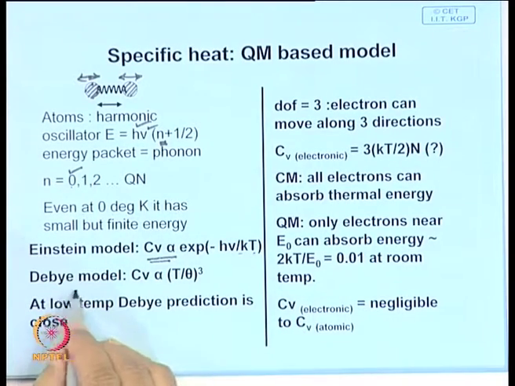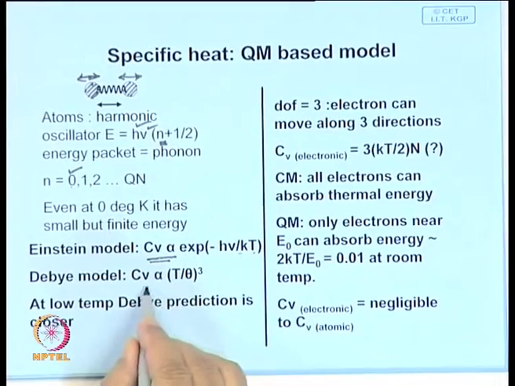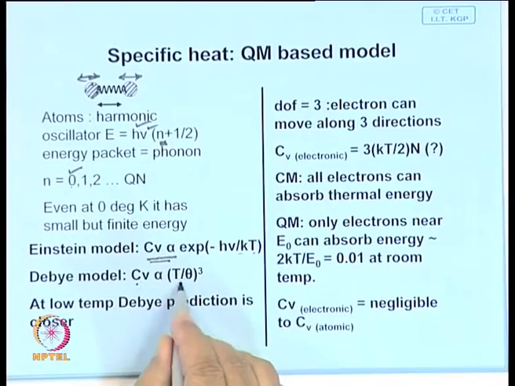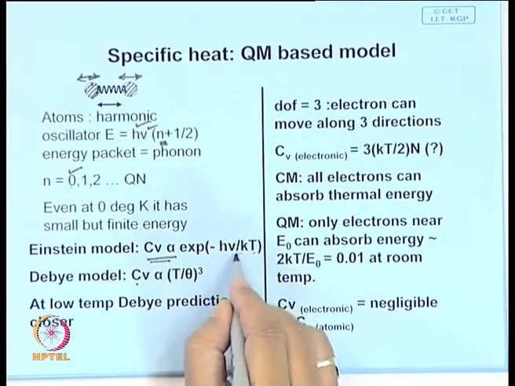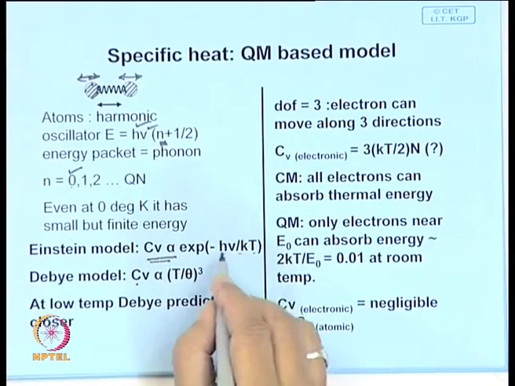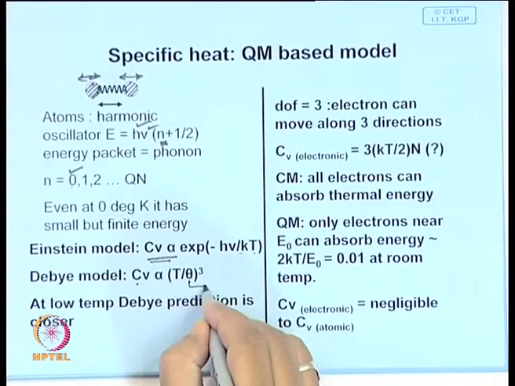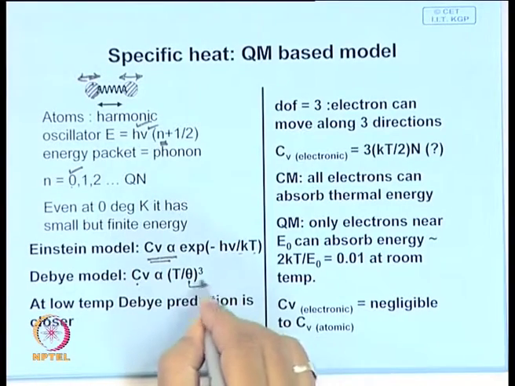Around the same time, a little later, Debye came up with another model which predicted that molar specific heat is proportional to T to the power 3, and he introduced this theta, which is called the Debye characteristic temperature.